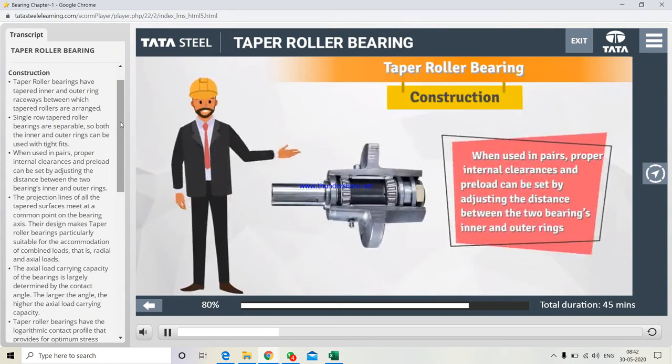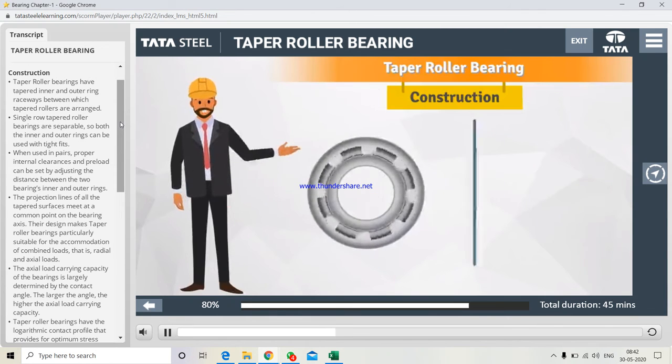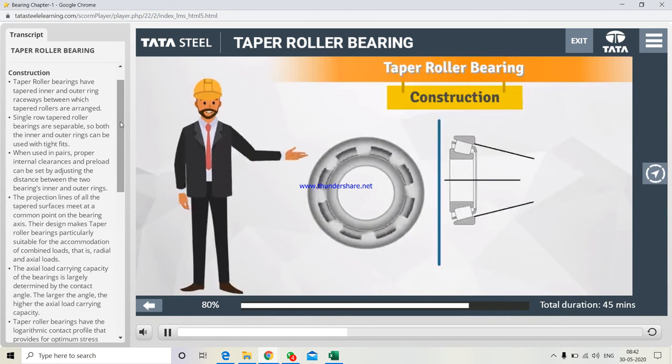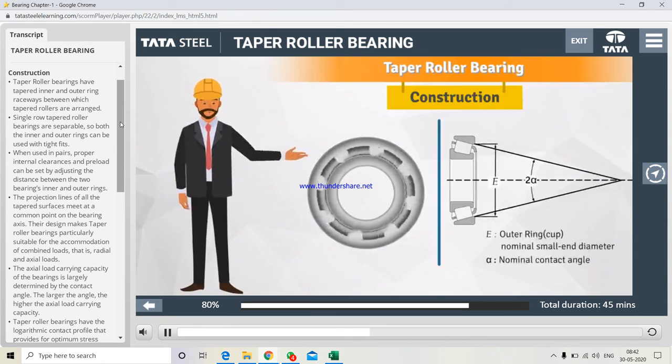When used in pairs, proper internal clearances and preload can be set by adjusting the distance between the two bearings' inner and outer rings. The projection lines of all the tapered surfaces meet at a common point on the bearing axis.